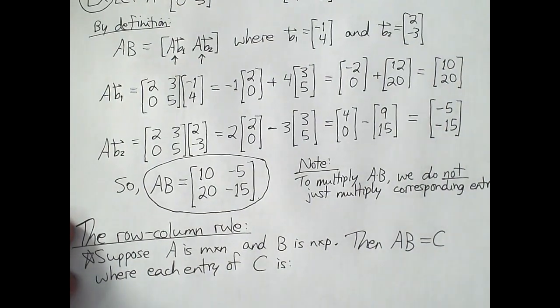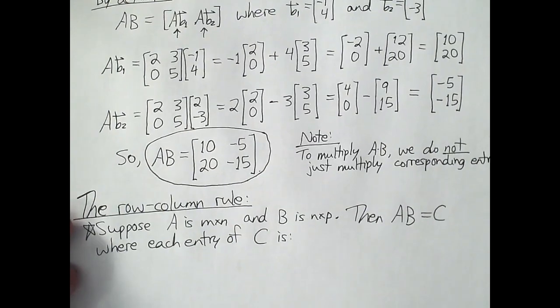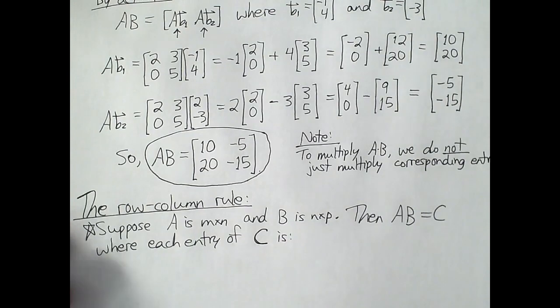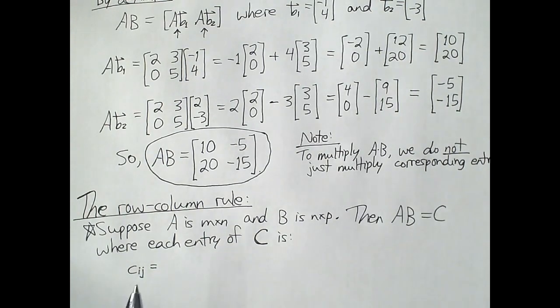It seems like we could be able to define matrix multiplication in this kind of way. Like, can we just find a formula for each entry of the result? The result is the matrix C. Could we just get a formula for each entry? So I could say each entry of C, we could abbreviate as Cij to make sure that we're talking about the ith, what do I want to say here? The ith row and the jth column.